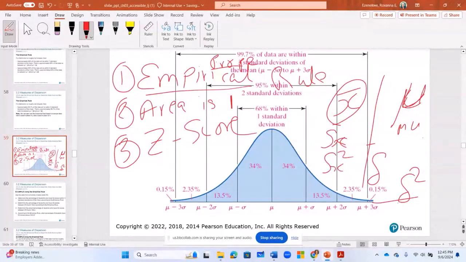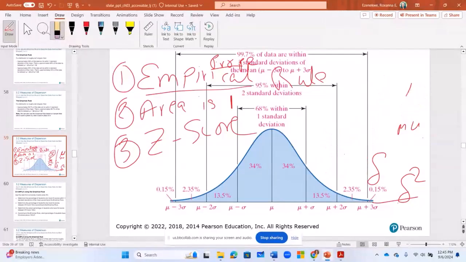A sample can actually be normally distributed. A population can be normally distributed. Some samples can be normally distributed. And if a sample is normally distributed, then the population that it comes from is also normally distributed.